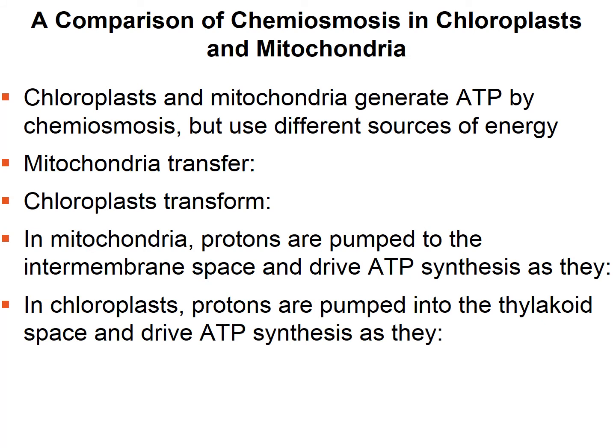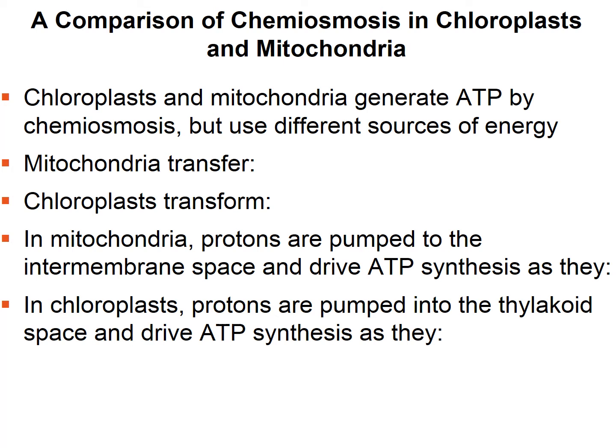Chloroplasts and mitochondria, which we talked about in the last chapter on cellular respiration, both generate ATP by chemiosmosis, but they use different sources of energy. Mitochondria transfer chemical energy from food to ATP. Chloroplasts transform light energy into chemical energy of ATP.